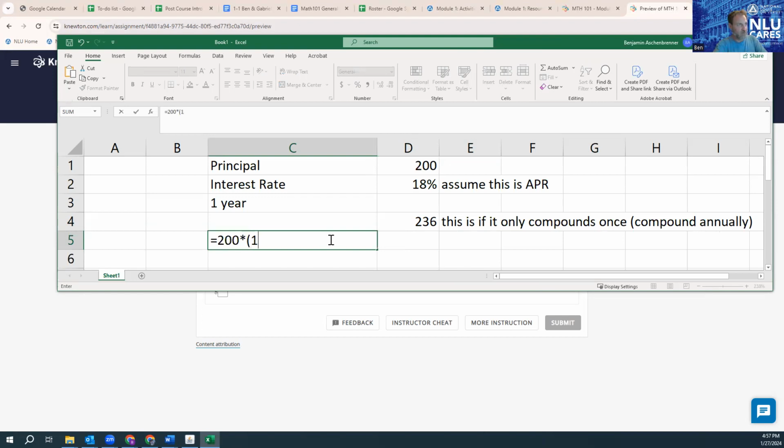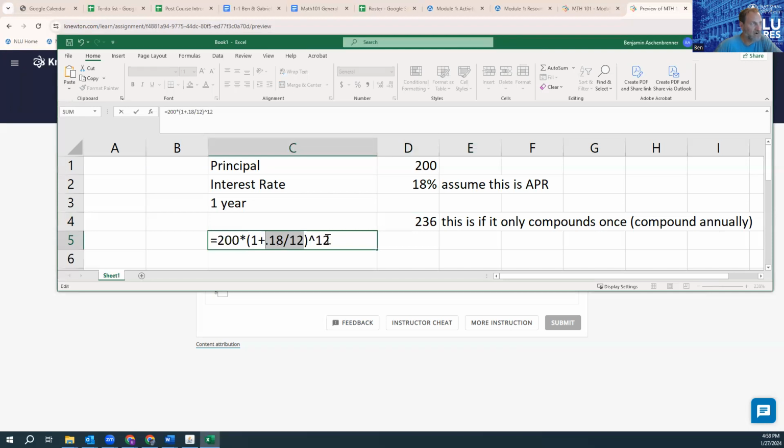What I do is I take 1 plus 0.18 divided by 12, and then I raise it to the 12th power. So what I'm saying here is take my 18%, divide it into 12 equal parts because it's doing this once a month. Then my multiplier is whatever this number with this calculation in the parentheses is, because that's the first thing I calculate in PEMDAS.